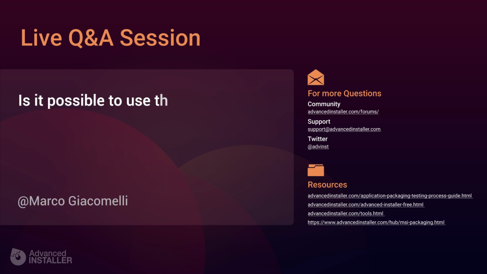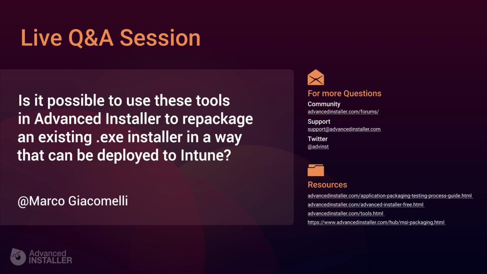I have another one from Marco. Is it possible to use these tools in Advanced Installer to repackage an existing exe installer in a way that can be deployed? So basically, all the packages that are being created with Advanced Installer support silent switches, support silent installation, so they can be deployed in the Intune.